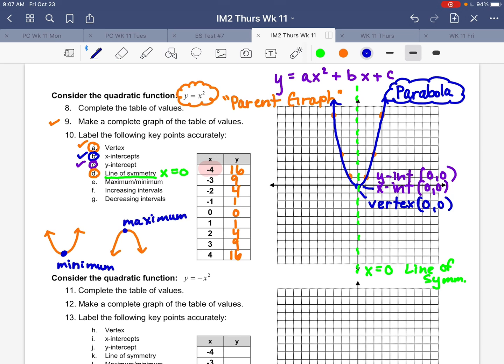So it's basically the lowest most y value or the highest most y value. That's a min versus a max. Since this parabola is opening upward, the vertex is a minimum. So make sure you know how to find whether it's a minimum or a maximum.